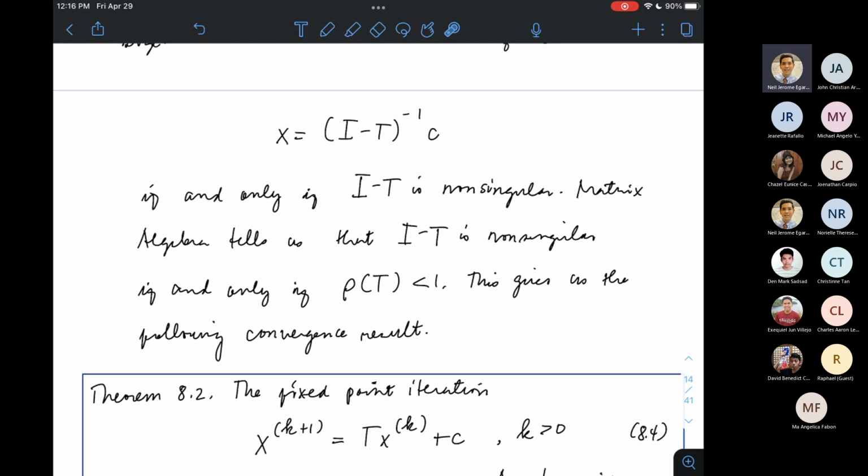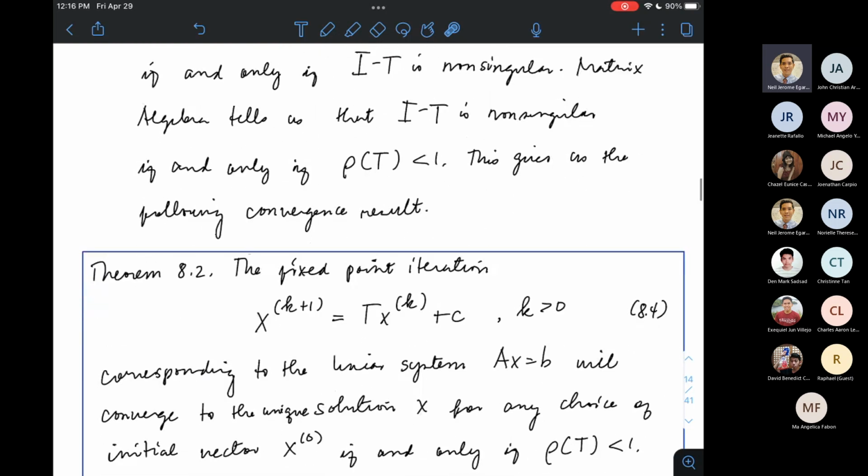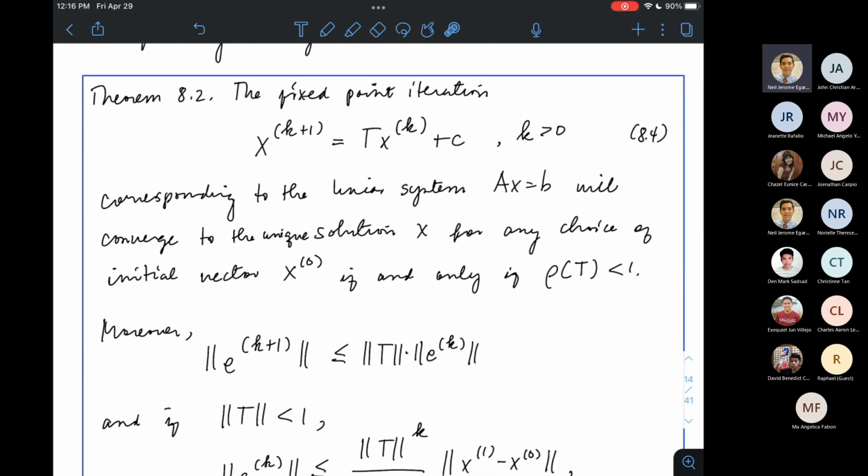Okay. Tapos I will present to you without proof. So sorry ulit sa mga mahilig sa proofs, all right? A sufficient condition, or actually it's a necessary and sufficient condition for the convergence of the fixed point iteration.